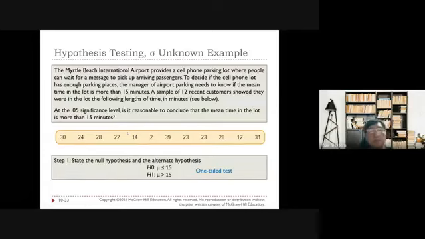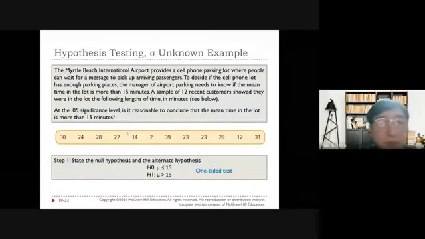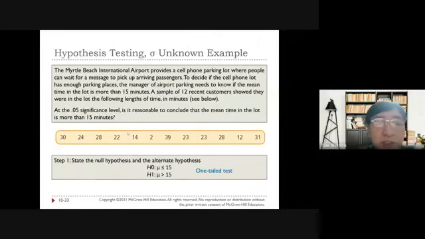Look at the example. The Myrtle Beach International Airport provides a cell phone parking lot where people can wait for a message to pick up arriving passengers. To decide if the cell phone lot has enough parking places, the manager of airport parking needs to know if the mean time in the lot is more than 15 minutes.